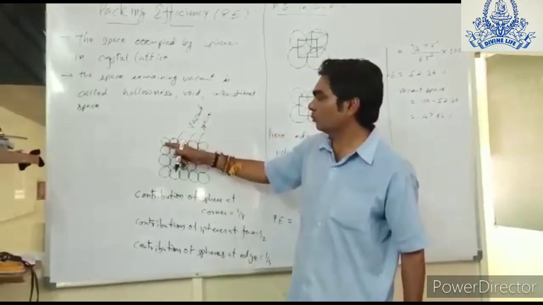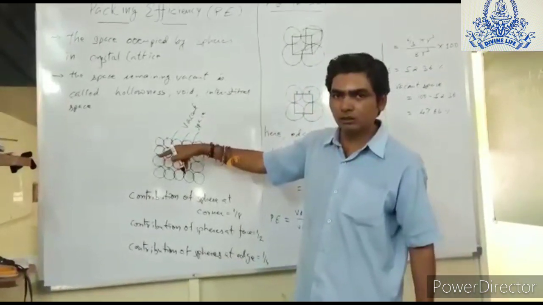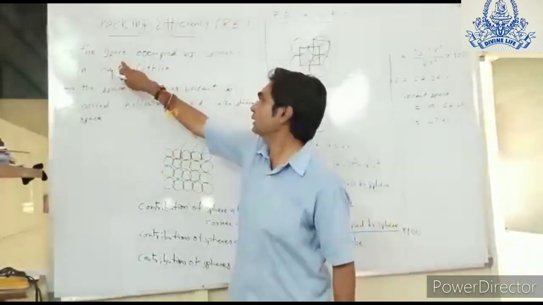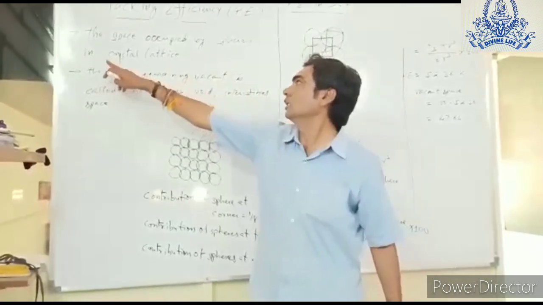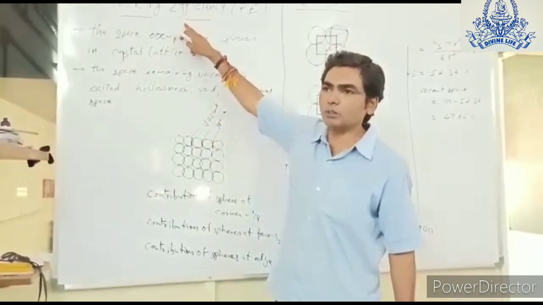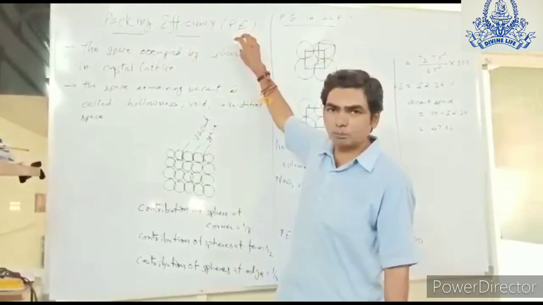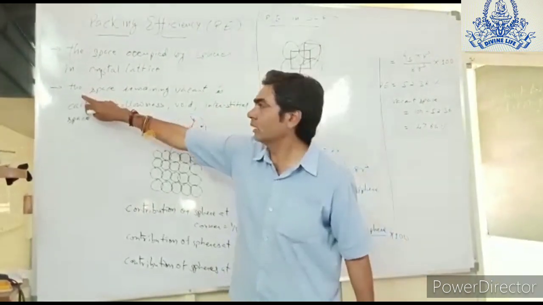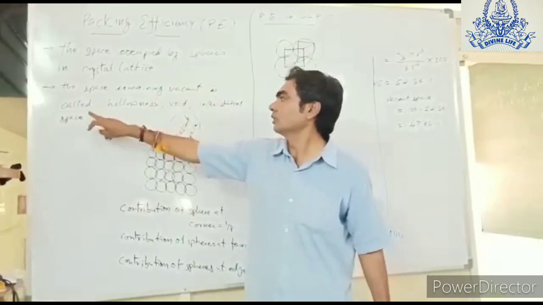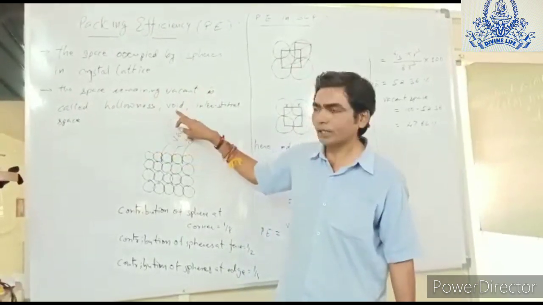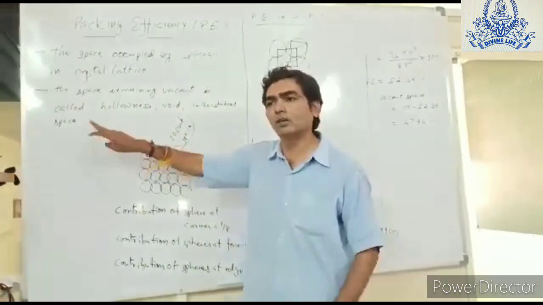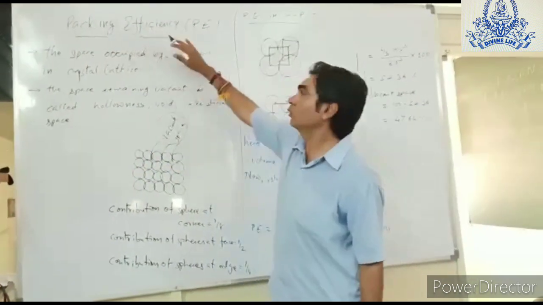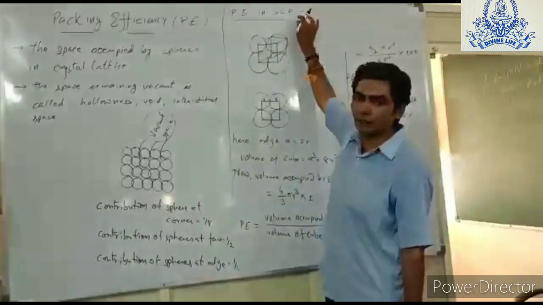So the space occupied by spheres in a crystal lattice is called packing efficiency. In short, it is written as PE. The space remaining vacant is called hollowness or void or interstitial space or vacant space. Now we are going to calculate packing efficiency in SCP.